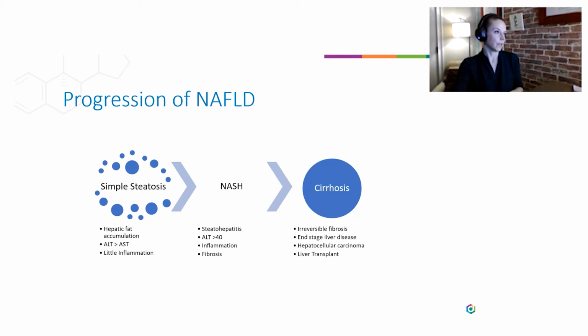But here's the progression, and we touched on it a minute ago. It starts with this simple steatosis, which really just means hepatic fat accumulation. The ALT is higher than the AST, and that's the distinguishing factor between non-alcoholic and alcoholic, aside from what you get from the history from the patient. And in this phase, there is little inflammation, usually.